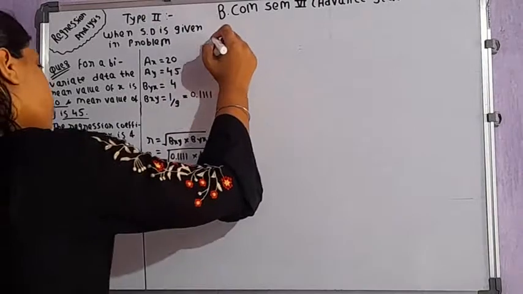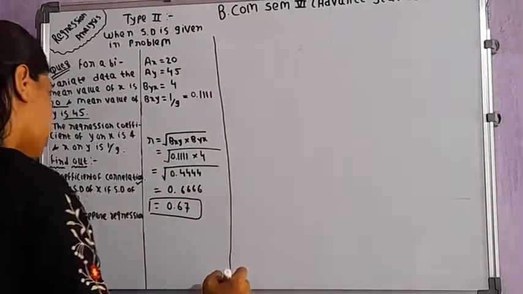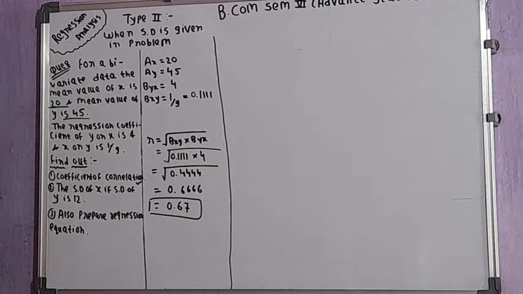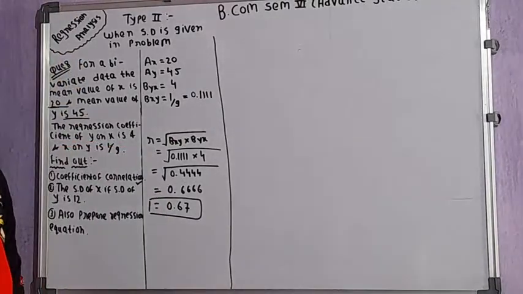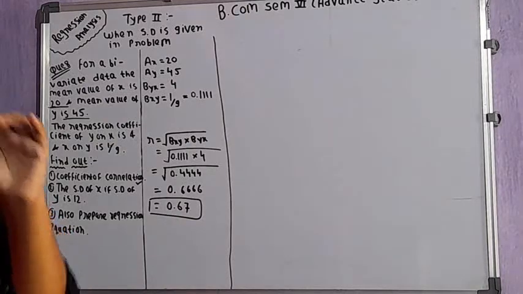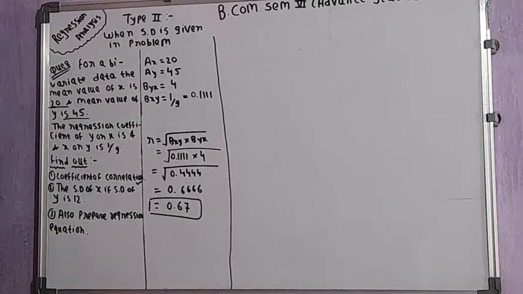Now what is the next thing that we have to calculate? We have to calculate the standard deviation of x if the standard deviation of y is given. Now, how do we find the standard deviation of x when the standard deviation of y is given? Just try to recall whether there is any formula whereby we have all the components except the standard deviation of x.